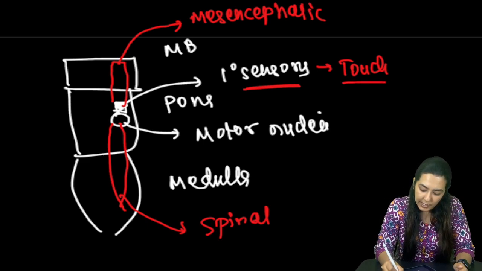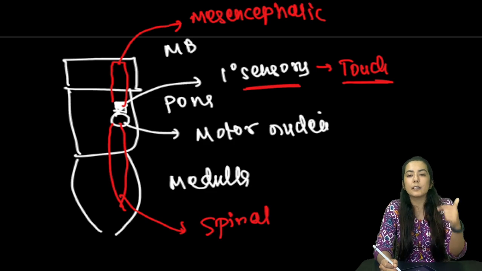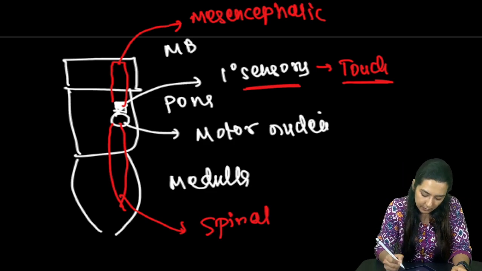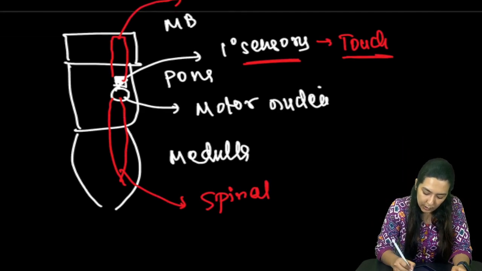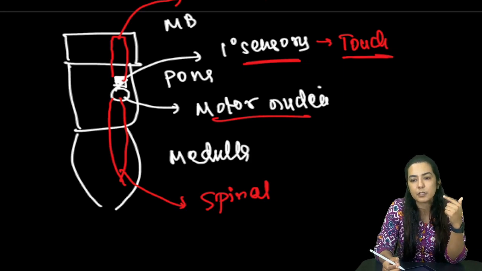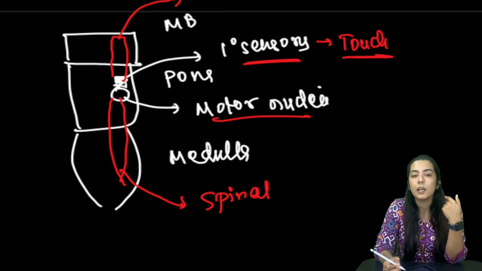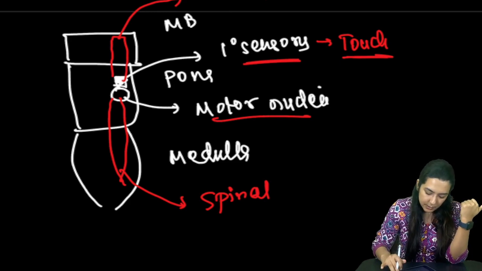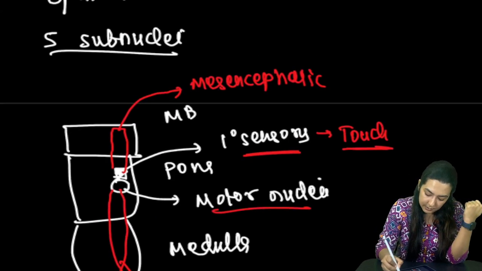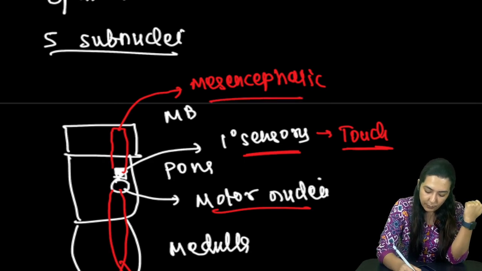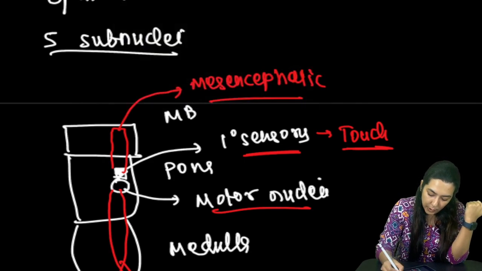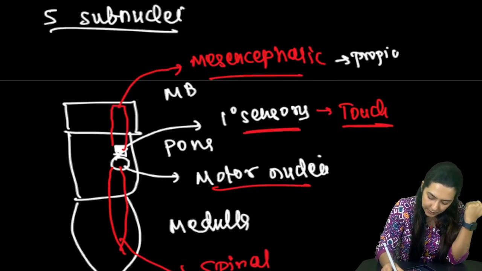So the primary sensory nucleus interprets touch of the face. The motor nucleus supplies all other muscles apart from the muscles of facial expression, orbicularis oculi, buccinator, and frontalis. And the mesencephalic nucleus is responsible for proprioception of the face.